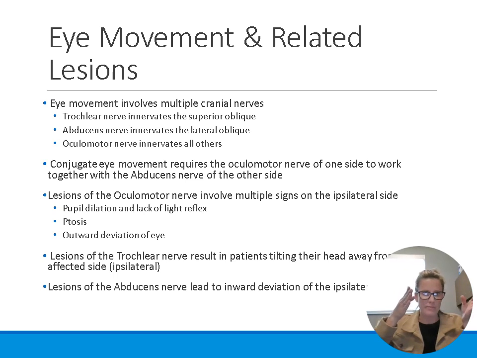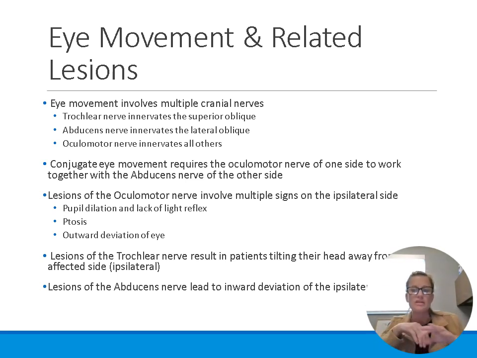Because the abducens nerve is innervating the lateral muscle. The oculomotor nerve is innervating the medial muscle of the other eye, right? So like as my right eye is being pulled laterally, my left eye is being pulled medially, right? And then the opposite is true. So the oculomotor nerve on the left needs to work together with the abducens nerve on the right, right? And vice versa.